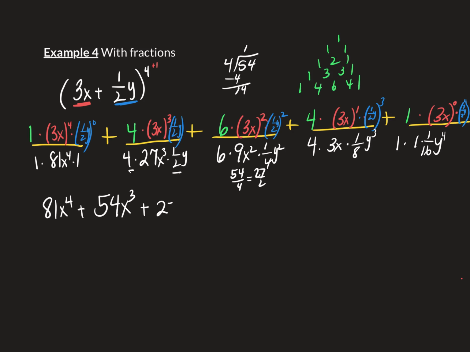So I'm going to put 27 over 2 x squared y squared. Then the next one's going to be 12 over 8. 4 goes into 12 3 times, so 3 over 2 xy cubed, plus 1/16 y to the 4th power.